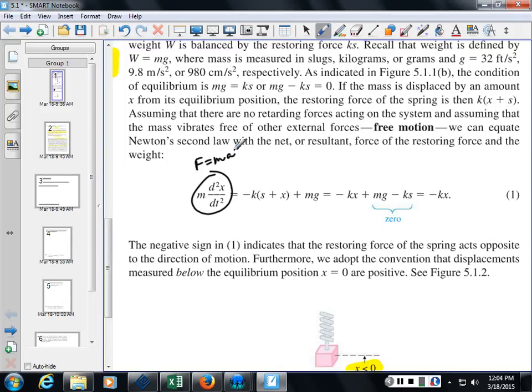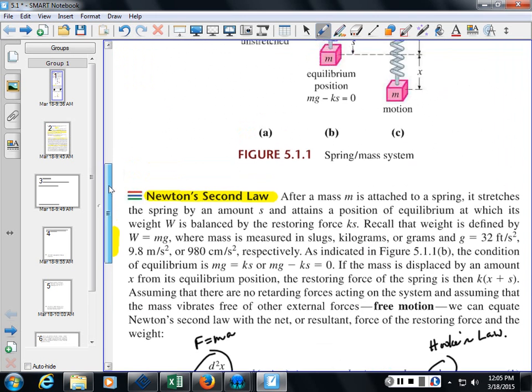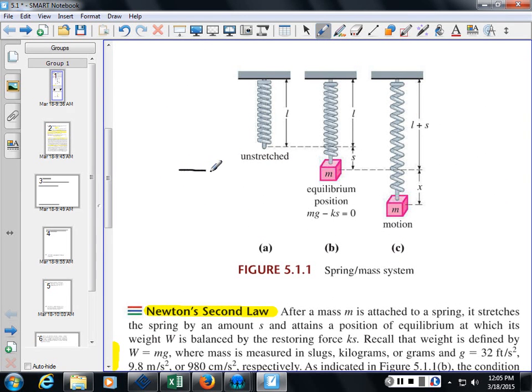The acceleration is that second derivative of the displacement with respect to time. And this part here is Hooke's law. The negative is included because of the so-called restoring force, that you're trying to restore the system back to its equilibrium state.